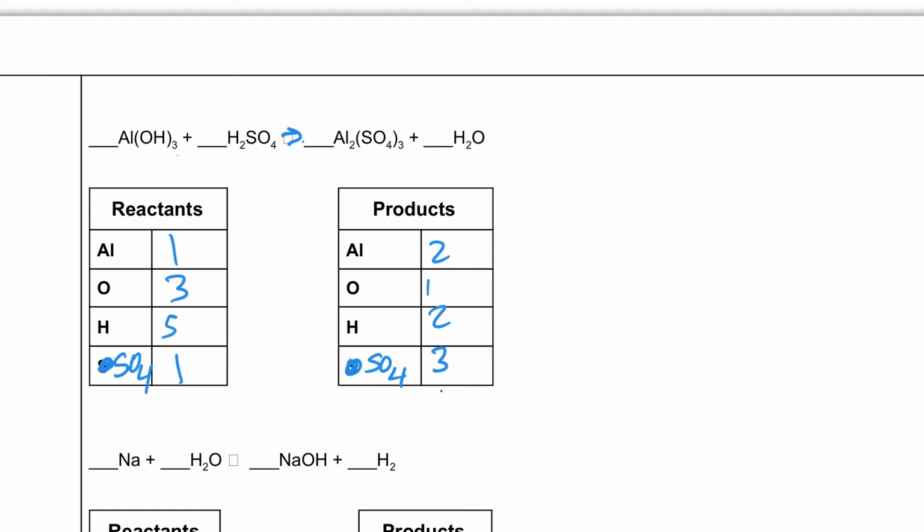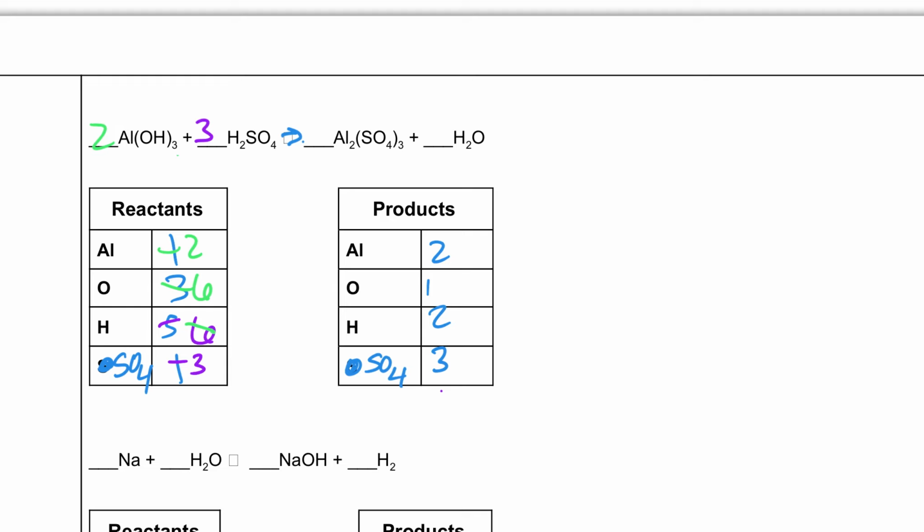So then we balance our sulfate groups. So I have 3 sulfate groups on the reactants, so I need to put a 3 here. That changes the number of sulfates, and it changes the number of hydrogens to 6. I then need to balance my aluminums. So I put a 2 here. And my aluminums are balanced, and then my oxygens change to my oxygens that are not attached to a sulfate group. 2 times 3 is 6.